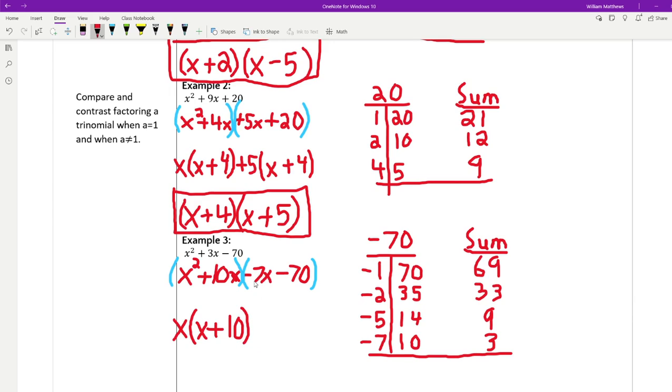And in my second parentheses, if I notice that this one is positive, I want to make my coefficient positive as well. That means I have to factor out a negative value, in this case being the negative 7. This leaves me with the x, and then negative 70 divided by negative 7 gives me a positive 10.